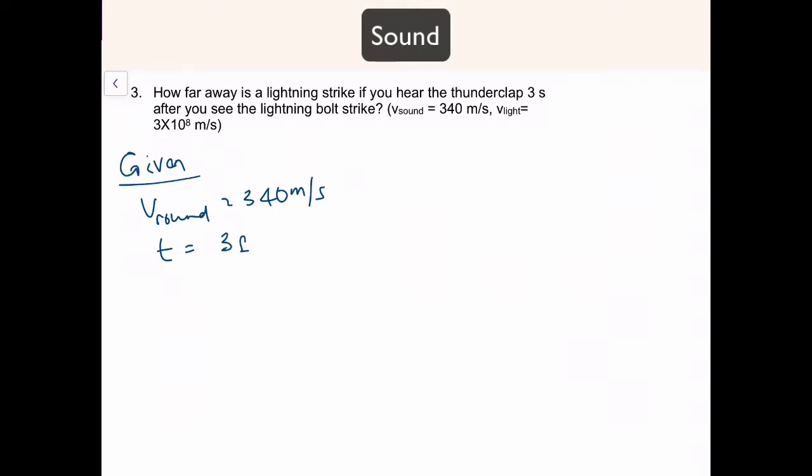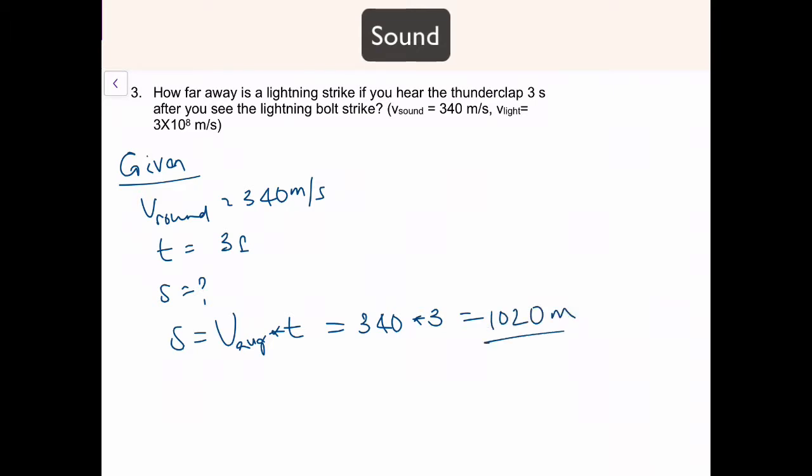How much distance, usually represented by S or D? S is just average speed multiplied by time. So the average speed of the sound, 340, multiplied by 3 gives you 1020 meters.